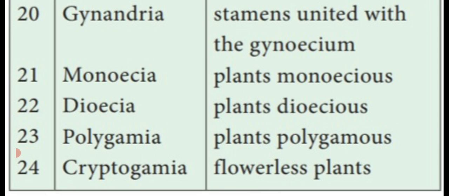And also, these 24 classes are again classified into orders based on the characters of the gynoecium. So this system is known as sexual system of classification. Dear students, I hope you all understood artificial system of classification and put important mark in your textbook.